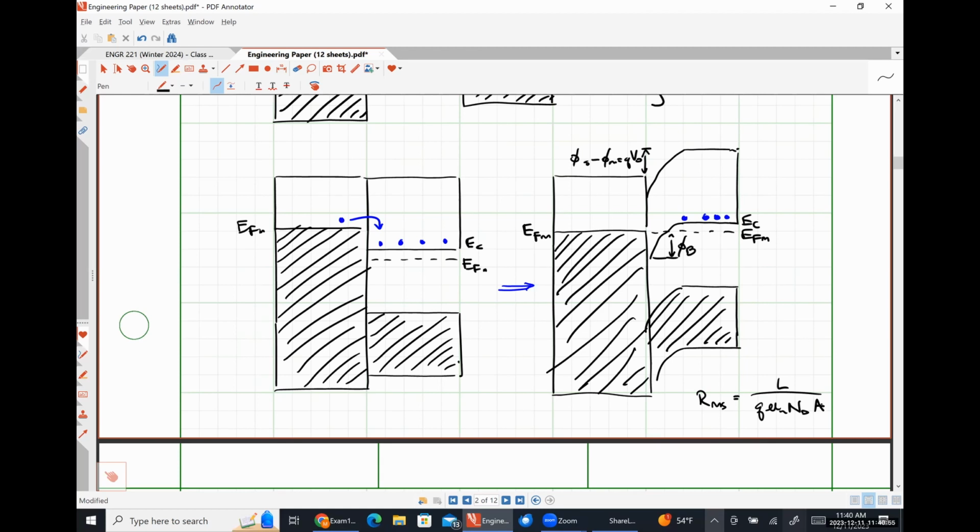So just as a quick thing here, this is Q, this is mu, this is N, the number of electrons in the N-type material. What's Q times mu times N? Conductivity.